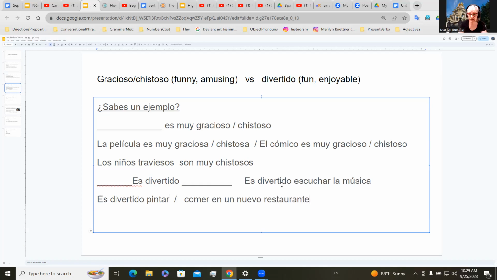It's fun to eat in a new restaurant. See, none of these are things that produce a belly laugh. They're just enjoyable. Entonces, divertido es para enjoyable, things that you like to do. See, divertido, fun, but not funny. Pero gracioso, graciosa, we need that for something that actually causes you to laugh.